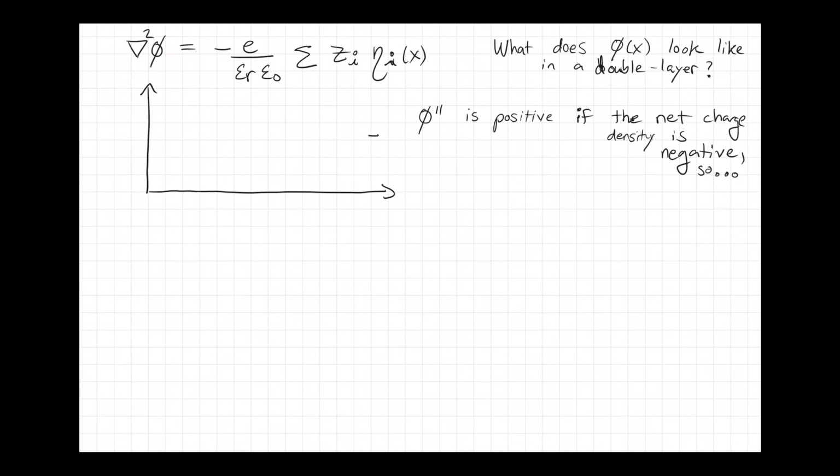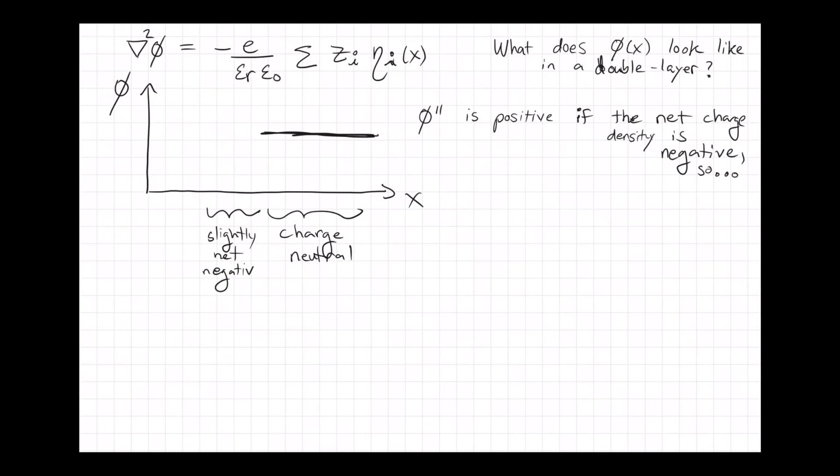Generally, we define the electrostatic potential in the bulk to be equal to 0, and then we measure everything relative to that. So you've got a center where there's charge neutrality and the electrostatic potential is 0, and then as you move closer and closer to the wall, there's more and more net charge.